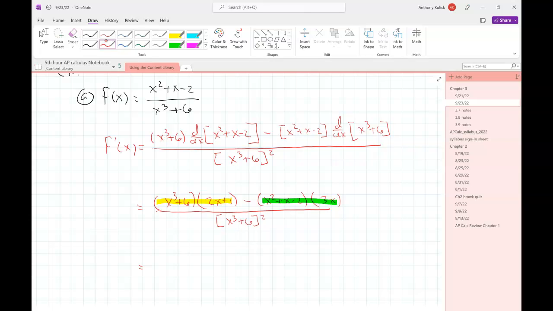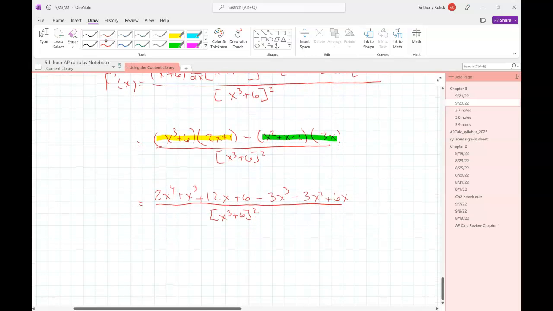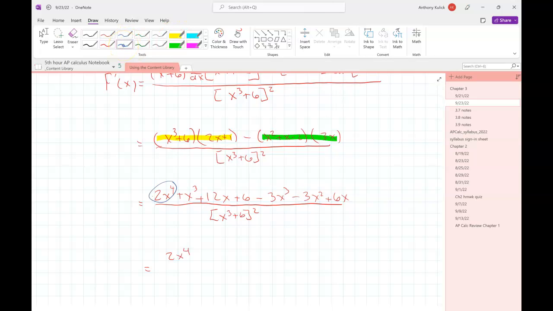Okay, so we got 2x to the fourth plus x cubed plus 12x plus 6 minus 3x cubed minus 3x squared plus 6x. And then if I combine my like terms, the only x to the fourths I have are here.